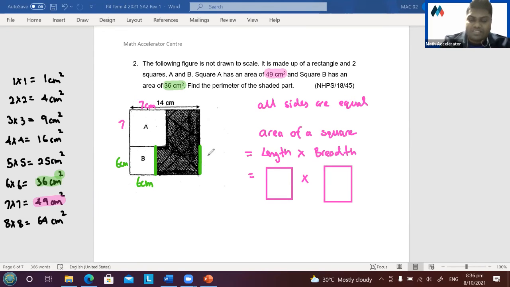Okay, write that down. 6 cm. Now for A, this part here is 7 cm, which means this part here is also 7 cm, correct?